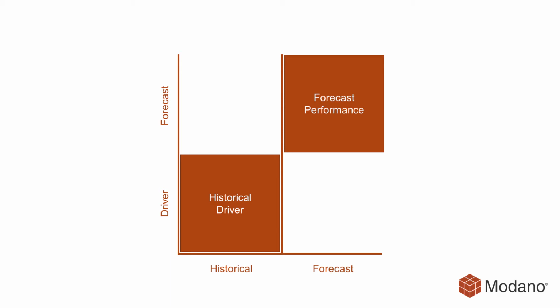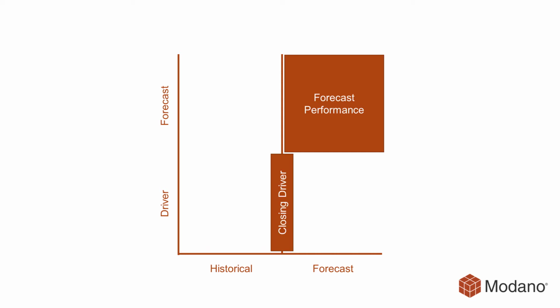Now, when it comes down to modeling out the forecast performance on this activity in the past, there's two main options for me. One is to do forecast performance based on my historical driver. And by that, what I mean is the profile of activity that's actually historically taken place. Alternatively, I can do forecast performance based on my closing position.